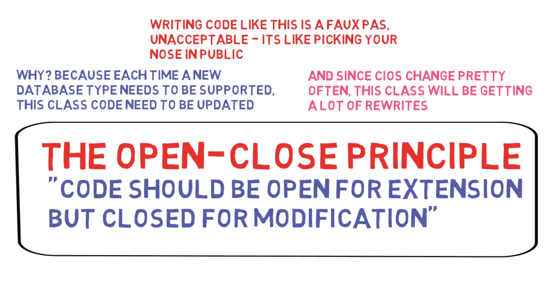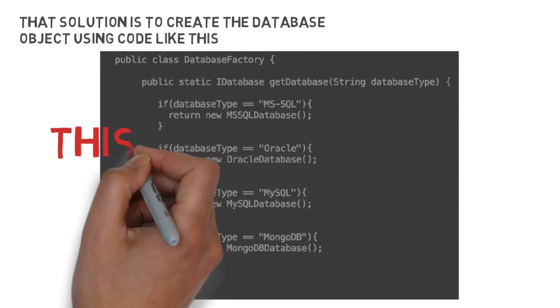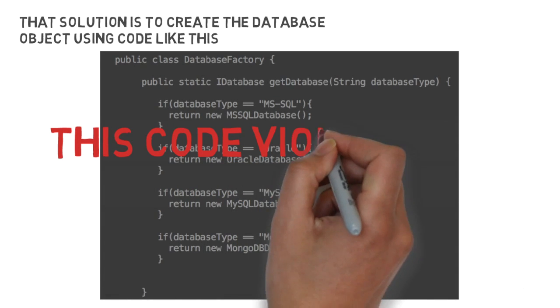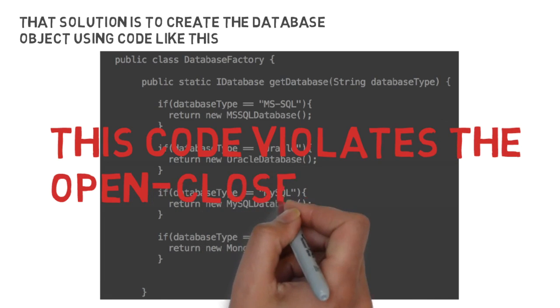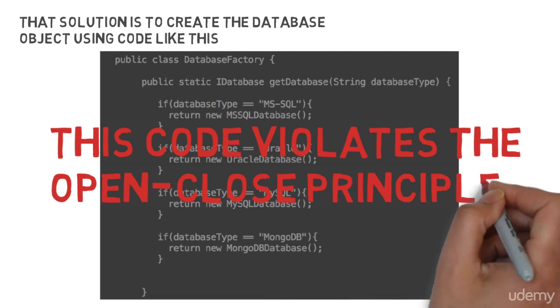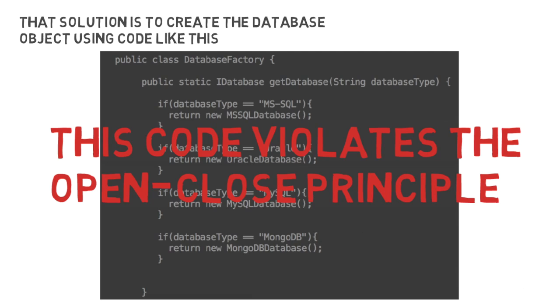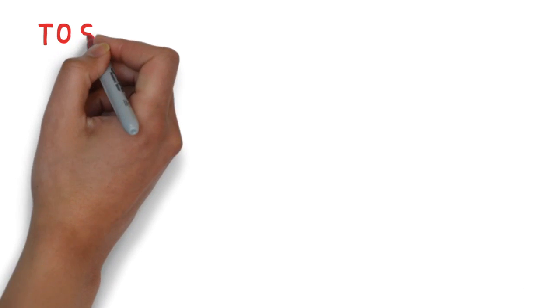This is the open-close principle, and the code that you see on screen violates this. So please don't do this except as an example. You'll find tons of examples on the web which use this to define the factory pattern. They work fine as an example while explaining a concept, but in real production code, avoid writing stuff like this.